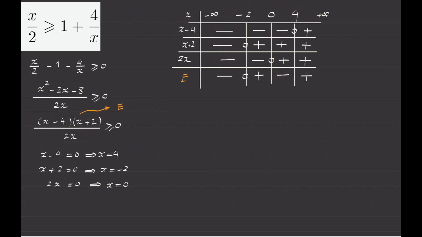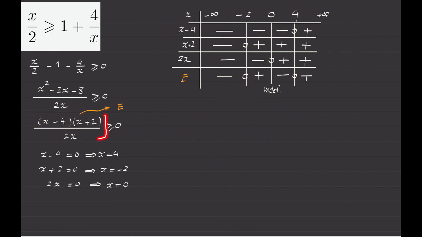If x equals 0, the numerator is not 0, but the denominator is 0, and that expression is undefined. So let me write here undefined for short. And finally, for x equals 4, again the numerator becomes 0, the denominator is not 0, so the expression is 0.